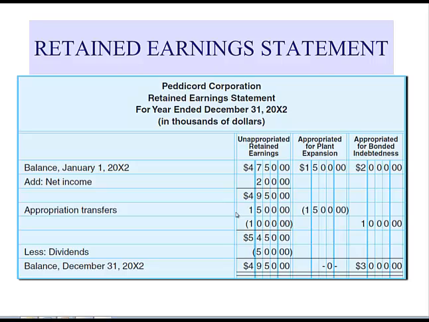And then that's followed by any appropriations that occurred. We had the appropriation for plant expansion transferred back into the regular retained earnings. So we closed out that appropriation. And then we had another appropriation for bond indebtedness.